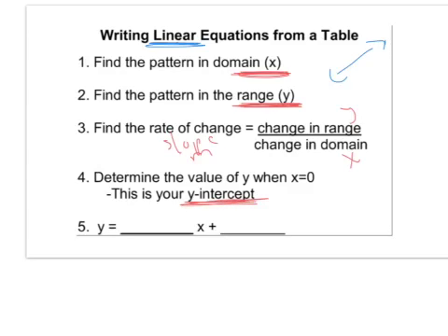Then to write our equation, we're going to fill in this equation here. So y equals mx plus b. That's our equation that we're going to use. And in this equation, the m is going to stand for your slope or for your rate of change. Those are the same thing. And the b is going to stand for the y-intercept.